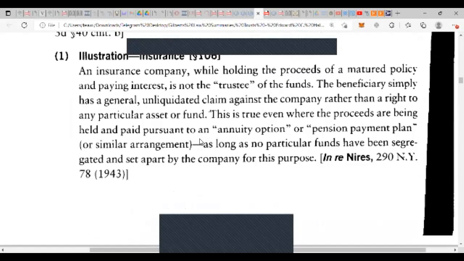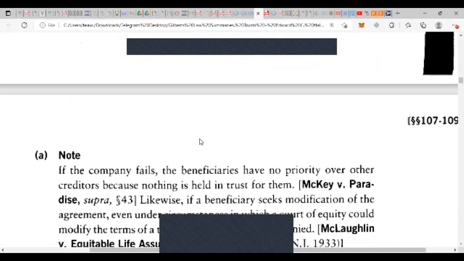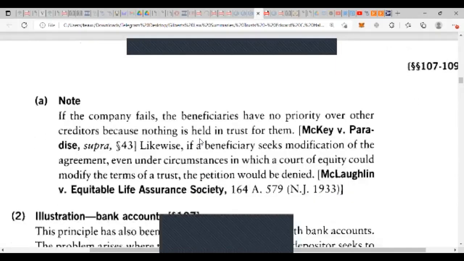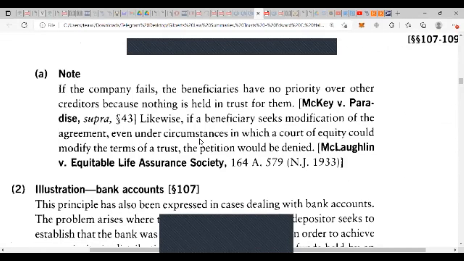This is true even where the proceeds are being held and paid pursuant to an annuity option or pension payment plan or similar arrangement, as long as no particular funds have been segregated and set apart by the company for this purpose. In re Myers, 1943. Note, if the company fails, the beneficiaries have no priority over other creditors because nothing is held in trust for them. McKay versus Paradise, supra, Section 43.